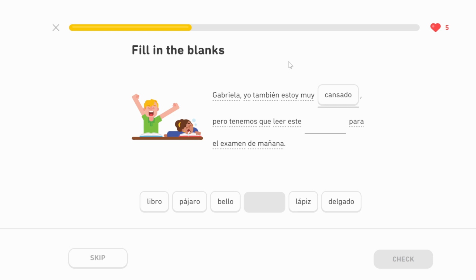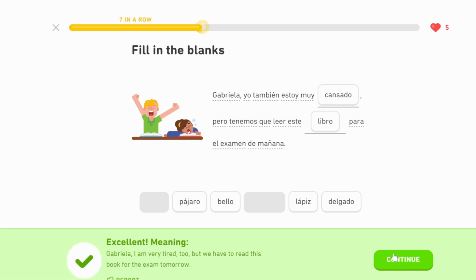Well, what's masculine? It's not going to be veo, it's not going to be lápiz, because that's a pencil. It's not going to be delgado, so it's going to be libro, which is book. We have to read this book for tomorrow's exam. So Gabriela, I'm also very tired, but we have to read this book for tomorrow's exam. There we go. That's good.